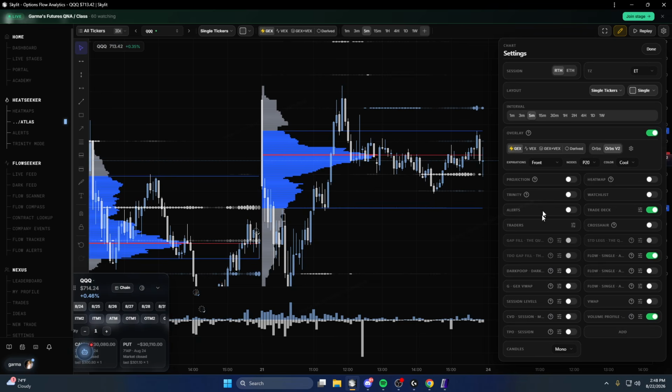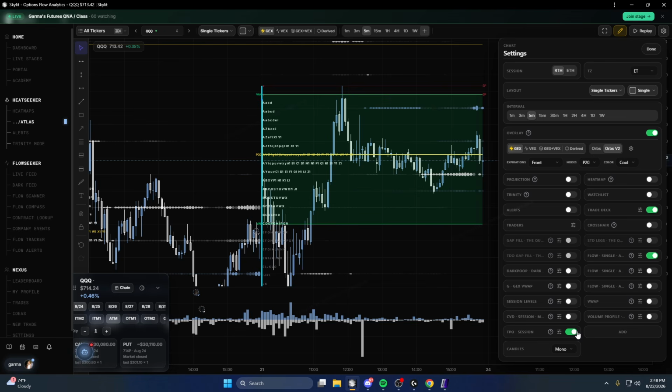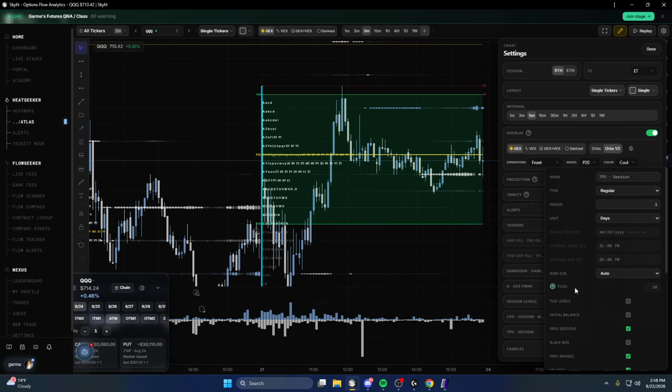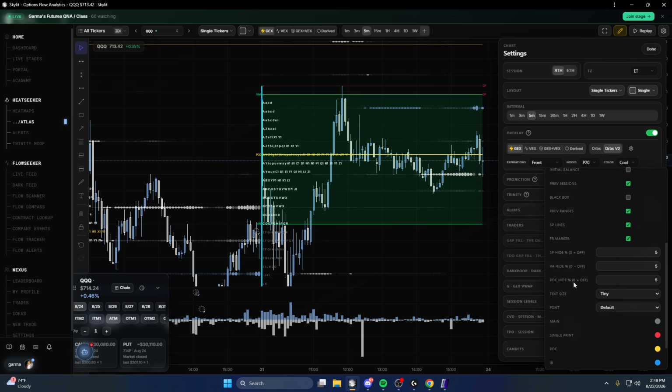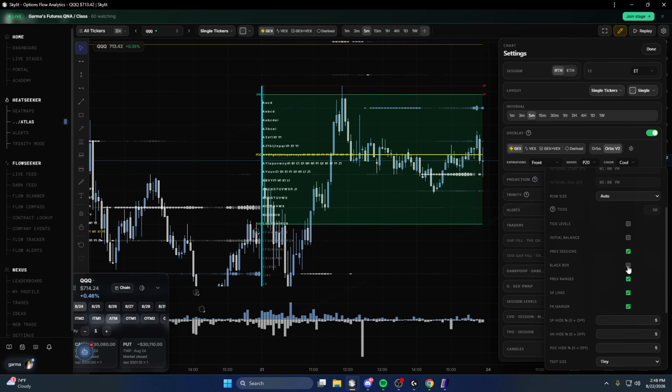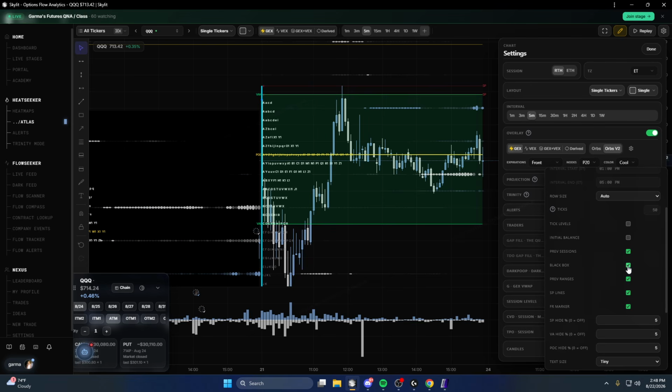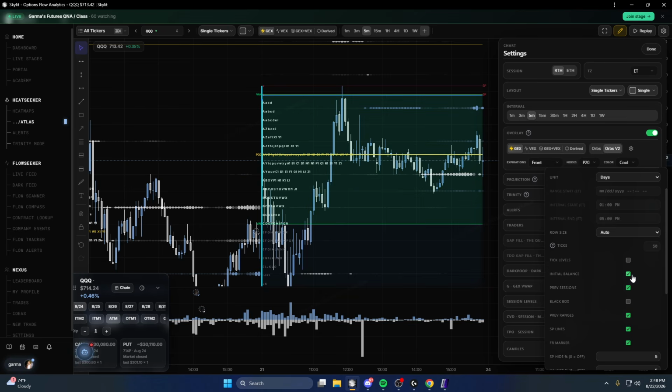And now for the TPO chart. The difference between the volume profile and the TPO chart is that the volume profile shows volume and the TPO chart shows time. So this is what it looks like here.